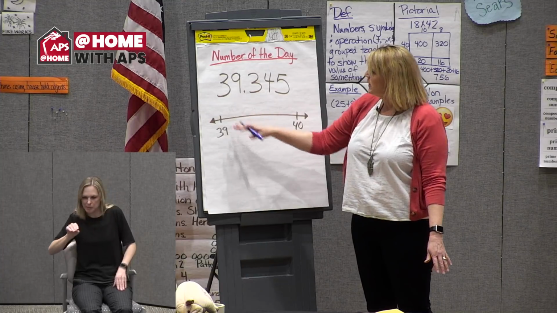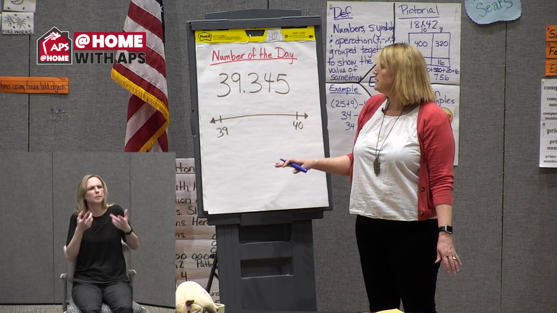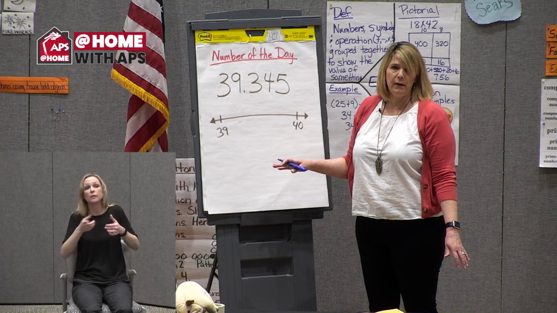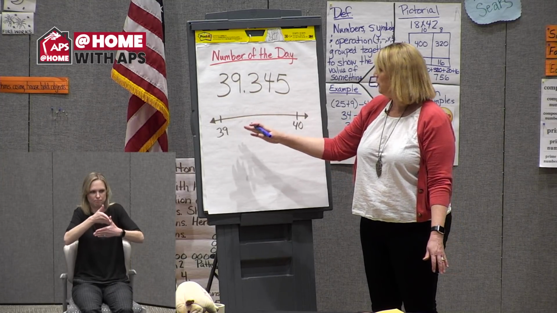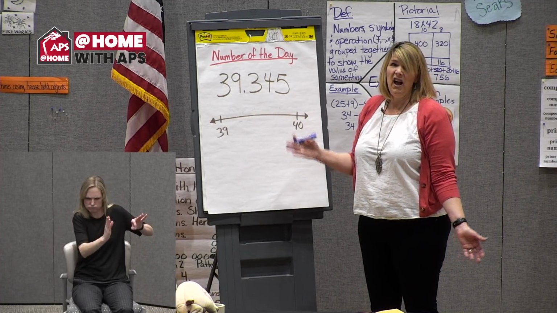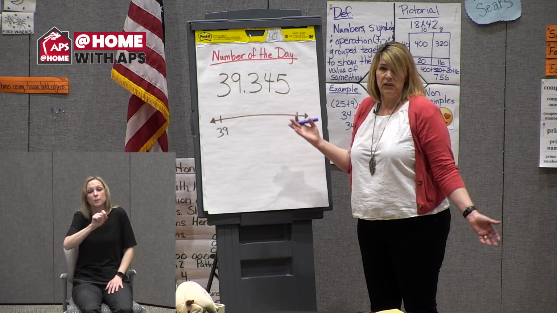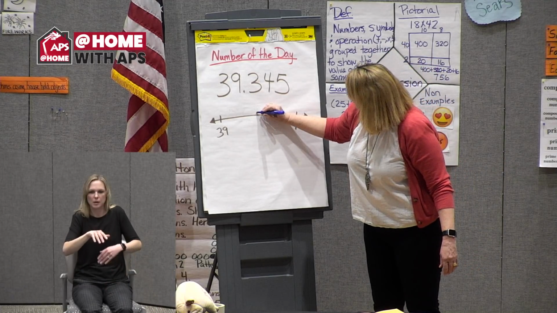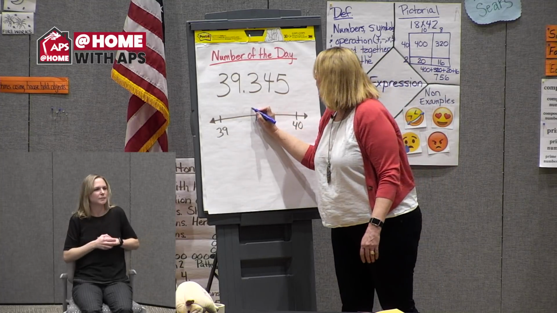So when I was looking at trying to find this number, the first thing I always like to do is just find a midpoint of what that number would be. So if I'm looking at 39 and 40, a midpoint of that number would be 39 and 5/10, right? Because 5/10 is like half of 1, right? So I'm going to go ahead and just make my midpoint really quick with that number.